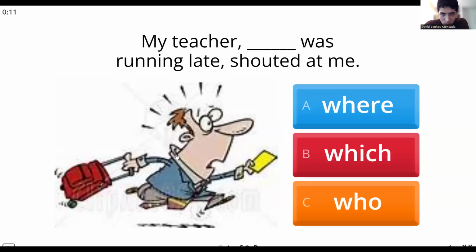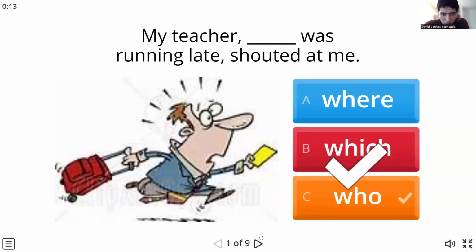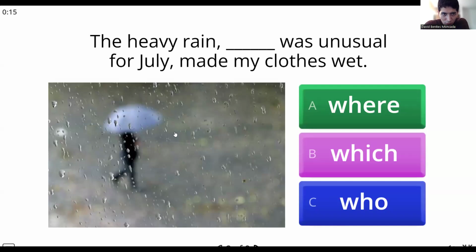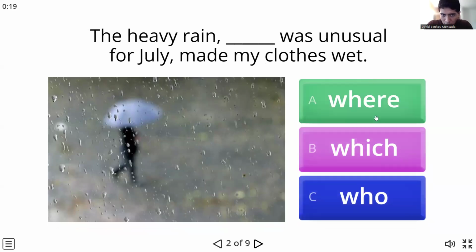The heavy rain. Wet, in Spanish, mojado, húmedo, wet. Some heavy rain. Where, which, or who?